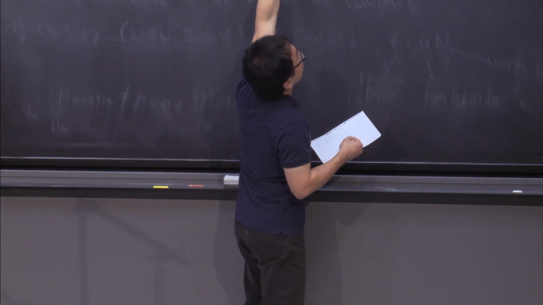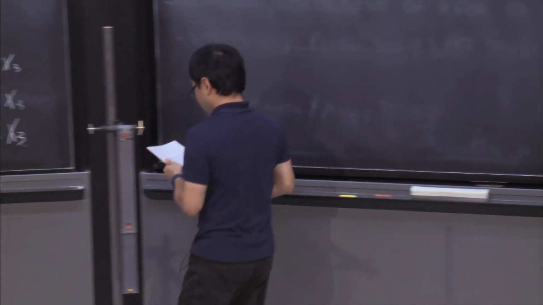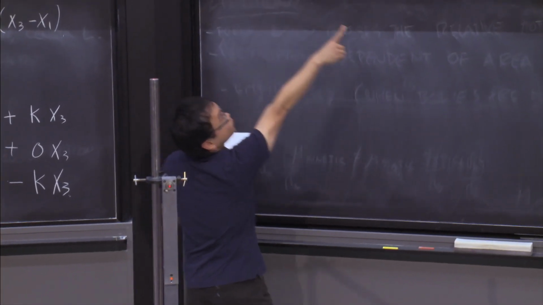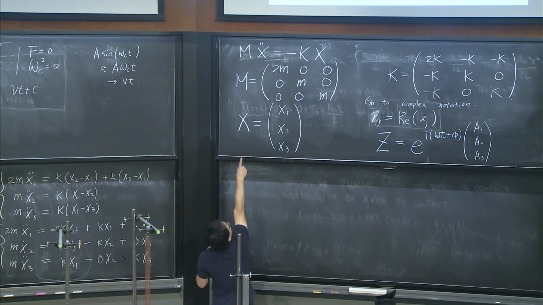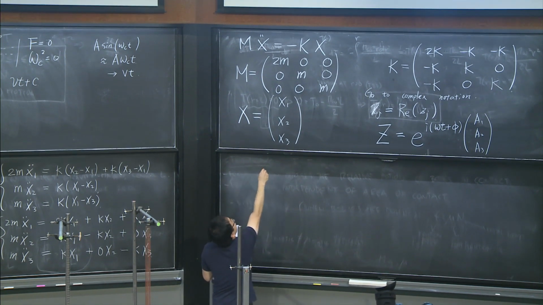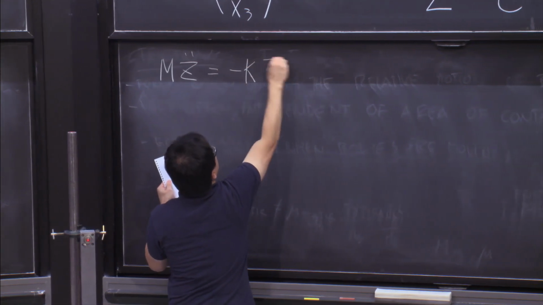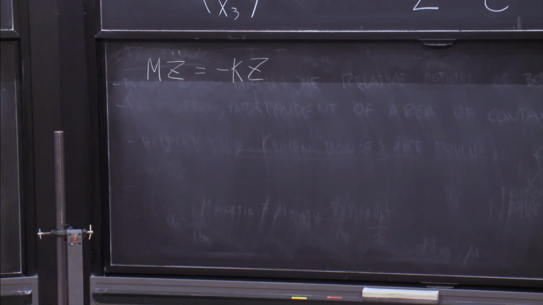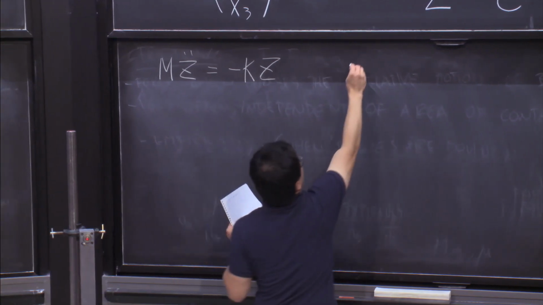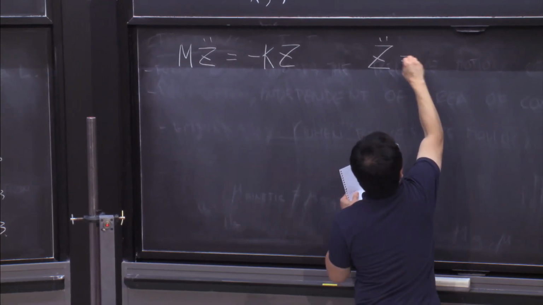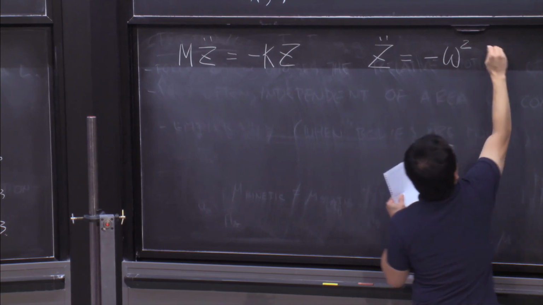now I can go ahead and solve the equation in the matrix format. Okay? So now I go to the complex notation, right? So the equation M X double dot equal to minus K X becomes M Z double dot equal to minus K Z, right? And also I can immediately get Z double dot will be equal to minus omega squared Z, right?